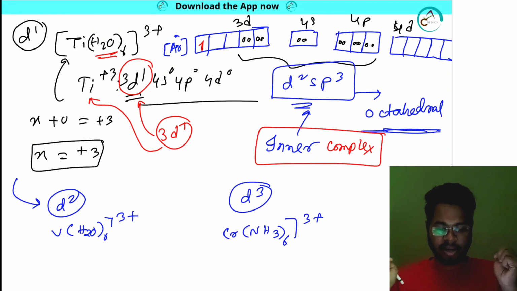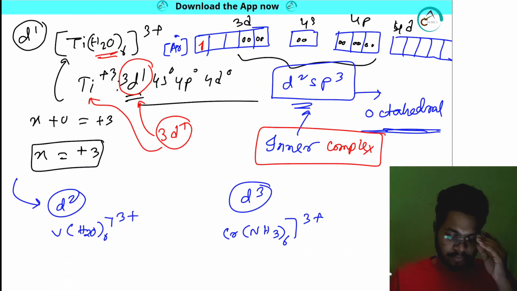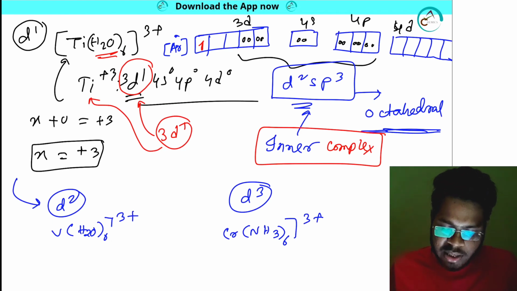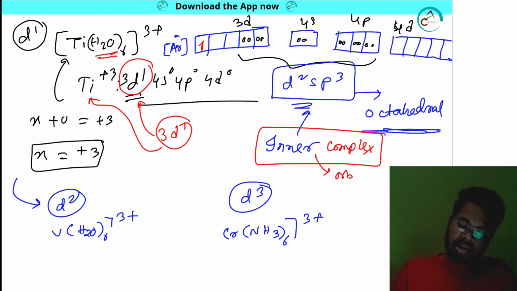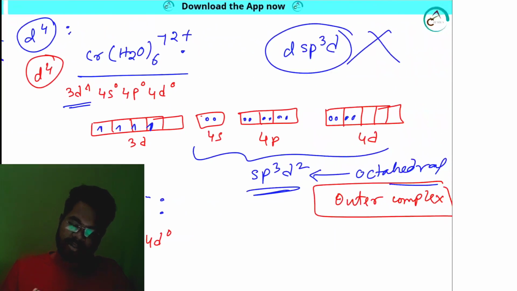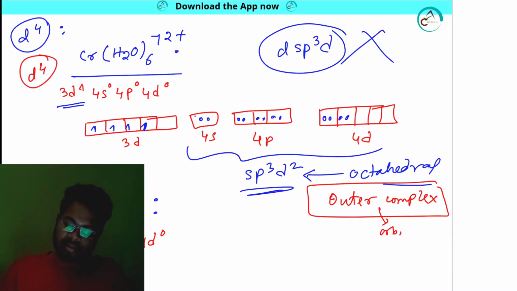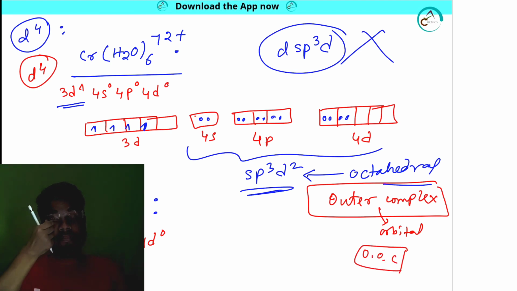Clear? Okay. So I think it's done totally about how the inner d and outer d, and the inner orbital complex and outer orbital complex. Inner orbital complex, that is IOC, and outer orbital complex, that is OOC. These are the 2 different systems.